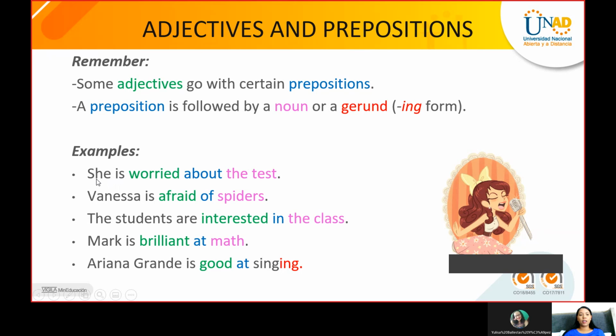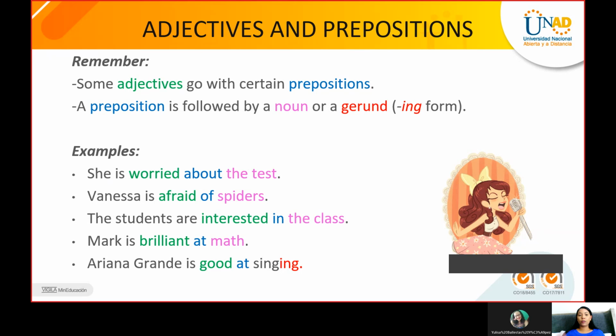And here we have, she is worried about the test. So worried is the adjective, right? About is the preposition. So worried and about should always go together, always, right? So she is worried about the test, and the test is a noun that you can connect.